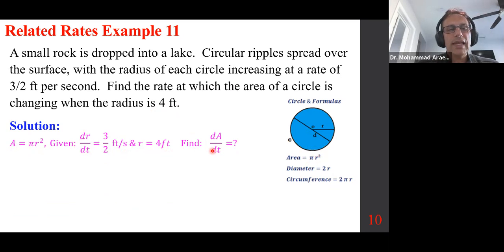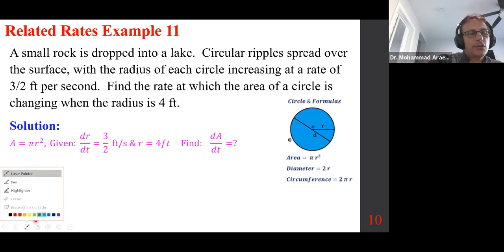We want to find the dA/dt. So here's A. What is the dA/dt? Pi times. Now r squared gives us 2r dr/dt. I hope everybody remembers that. Let me just write that for you.